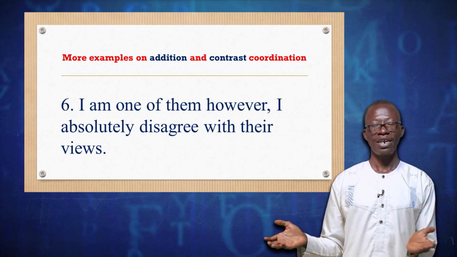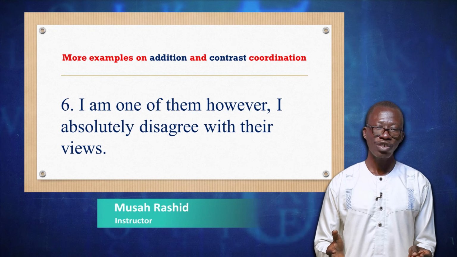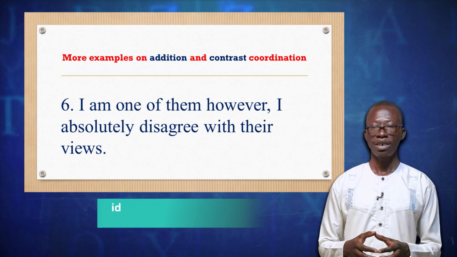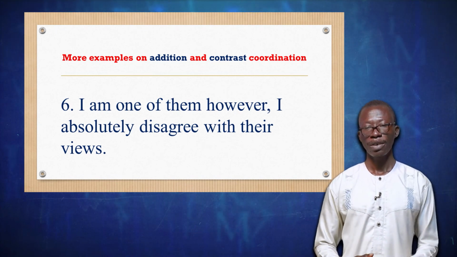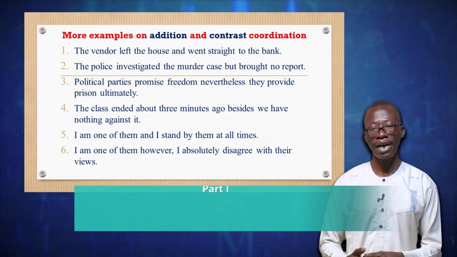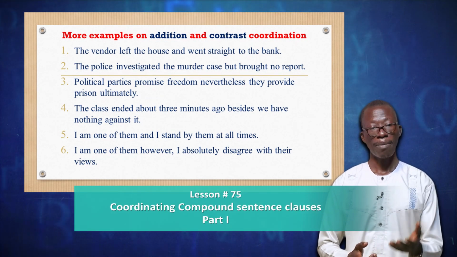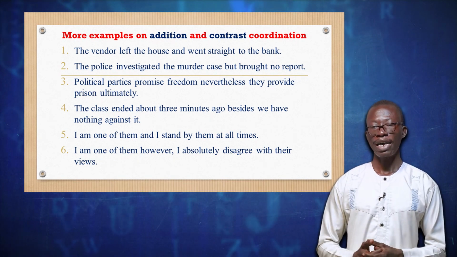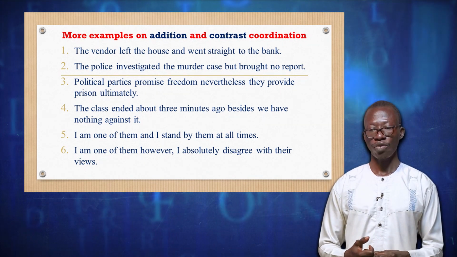And therefore, the writer makes this clear by using the coordinator however, which is a contrast coordinator. So we have, I'm one of them, however, I absolutely disagree with their views. Remember, the comma can be taken off. So you can say, I'm one of them however, without any comma, I absolutely disagree with their views.